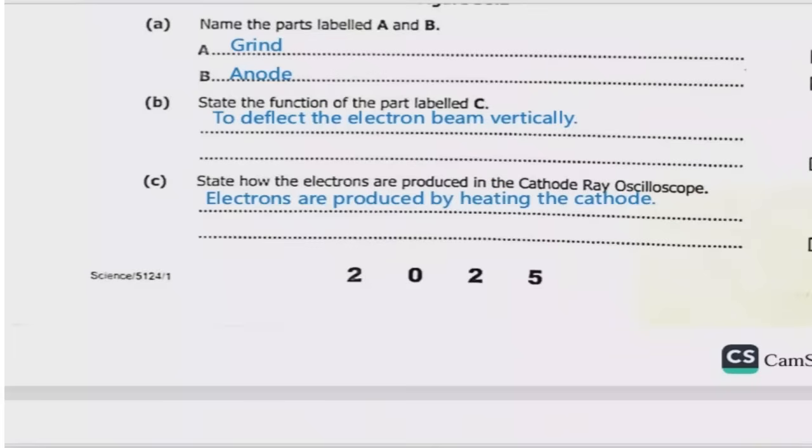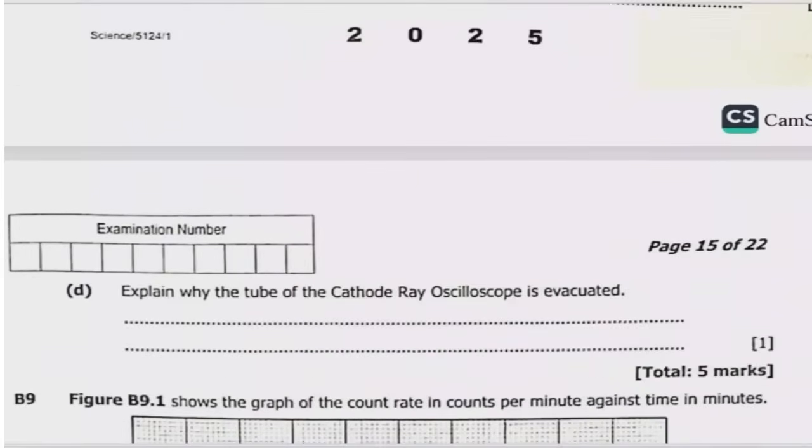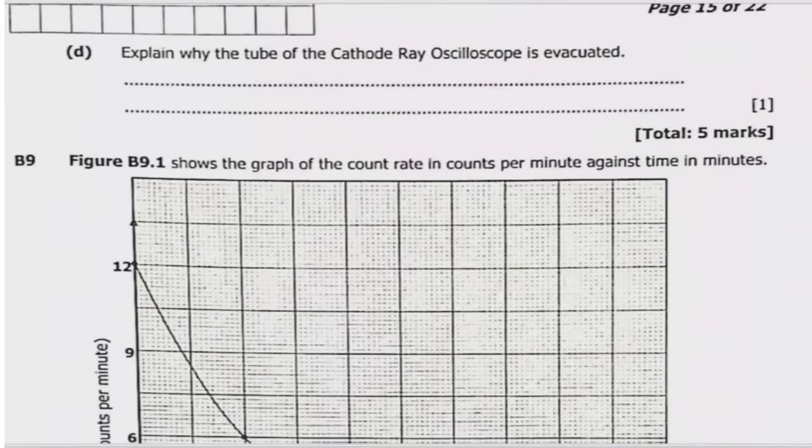Now we go to question D, which is: explain why the tube of the cathode ray oscilloscope is evacuated.